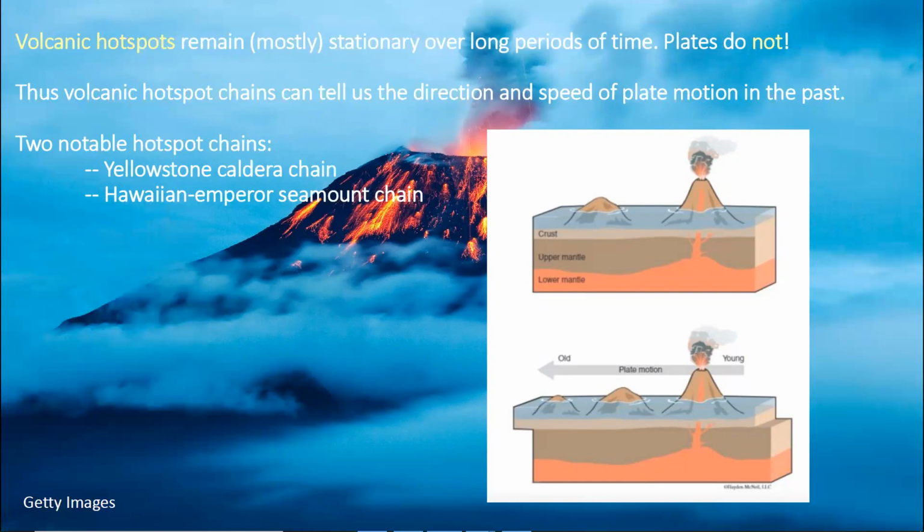But they're thought to have formed from the same hotspot. So there are some interesting implications about the motion of the Pacific plate, based off of the fact that they're not just one continuous line. There's a distinct change in direction between these two chains.